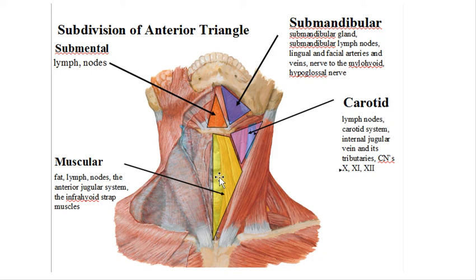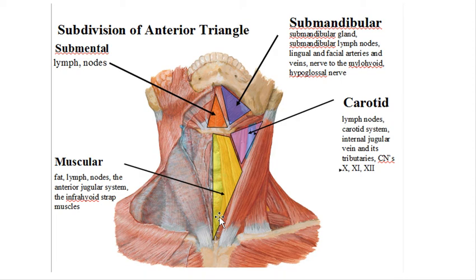I guess this video is going to be longer, so instead of talking about these four triangles in this same video, I would rather make another video for the boundaries of these triangles: submental triangle, submandibular triangle, carotid triangle, and muscular triangle. These triangles are the further divisions of the anterior triangle.